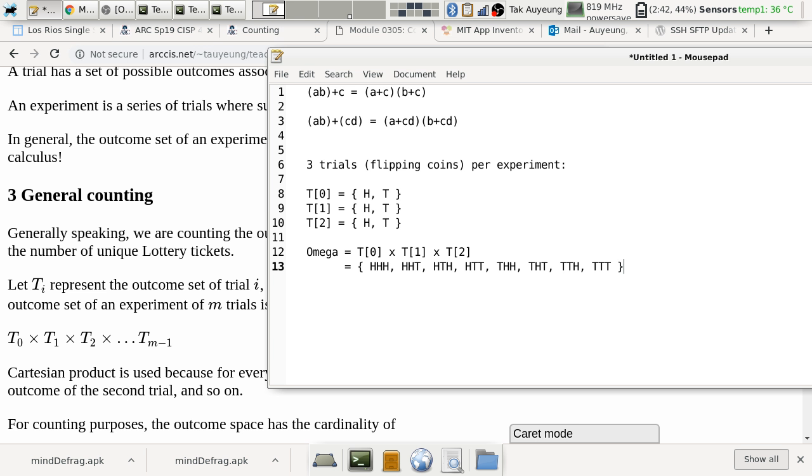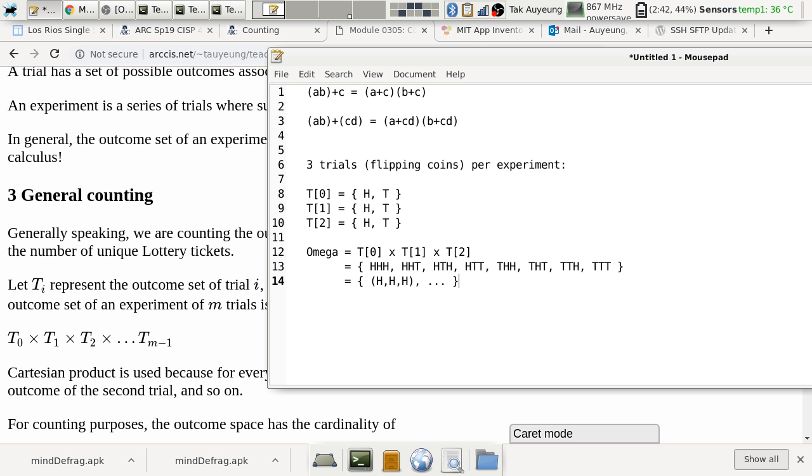Yep, go ahead. I don't quite understand why you have... would each element be the same? Well, first of all, I was lazy. Technically speaking, each element is a 3-tuple, so it is supposed to be written with parentheses, but I was too lazy to write all the parentheses.